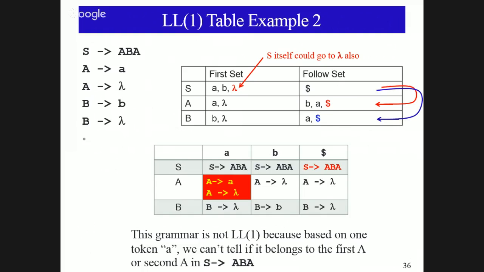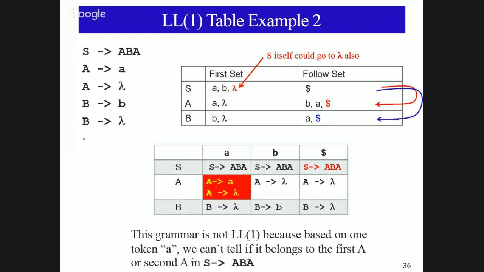Well, if you have a lambda in your first set, and in this case they all have lambdas because S itself can go to lambda, and you have the same token in your first set as in the follow set, this is not LL1. What does it mean? It means this first token, A, gets a rule.